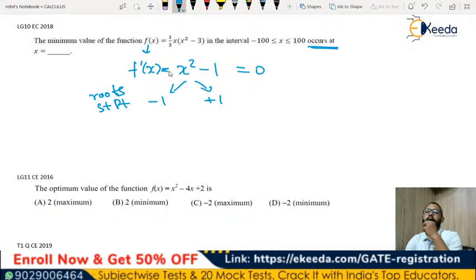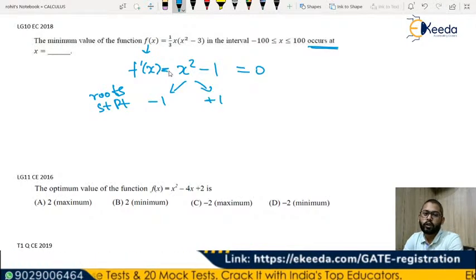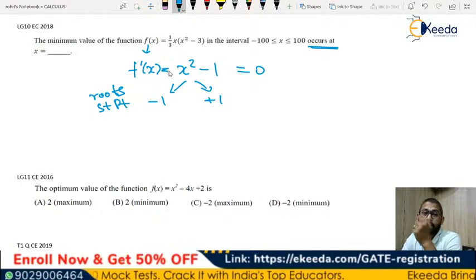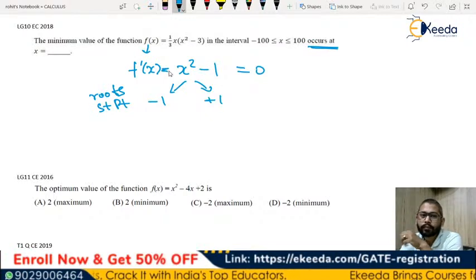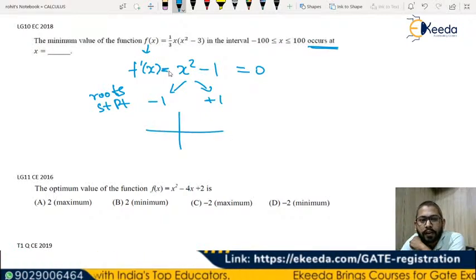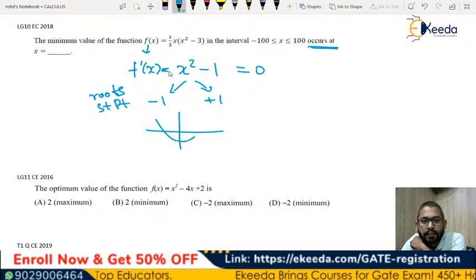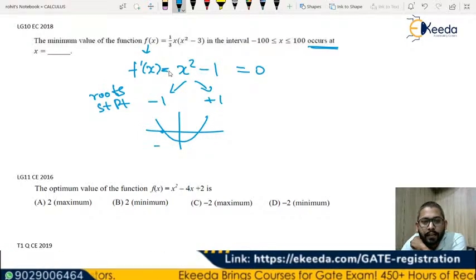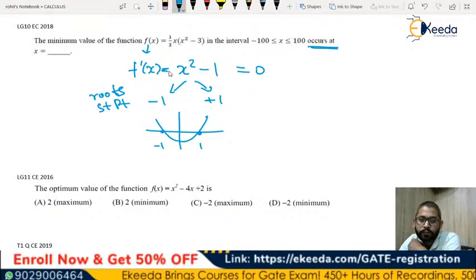So what you can do more, you can check, if this is x square minus 1, what will be the graph of this function? It is going to be like this. This is minus 1 and this is plus 1, right?